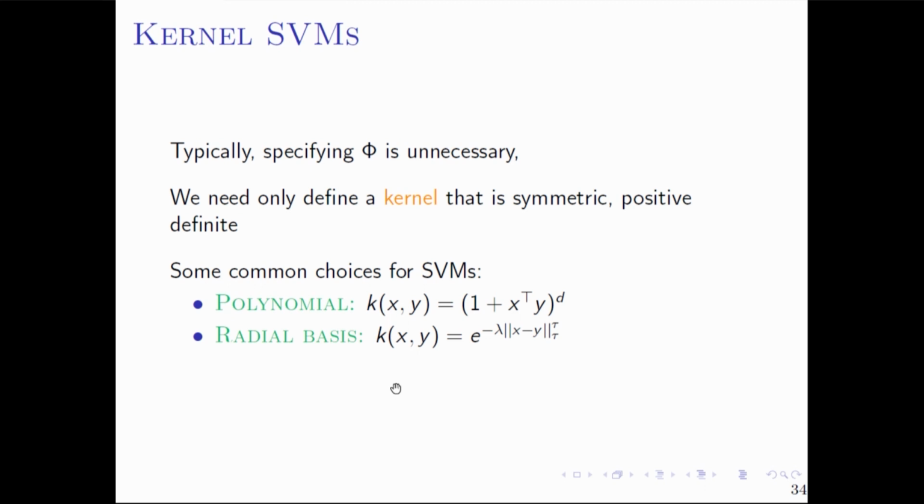Here are two examples of kernels that are hugely used for SVM. One is the polynomial kernel, defined like this, which takes the polynomial of degree d. The other is called the Gaussian kernel or radial basis kernel. Here this lambda is a hyperparameter which you can decide with cross validation. d is also a hyperparameter which you can decide with cross validation.